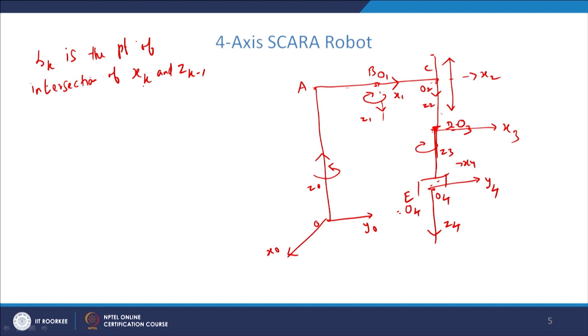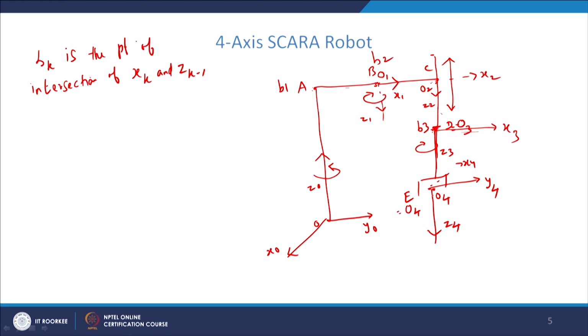So, for example, if you take z0 and x1, z0 is this direction, x1 is in this direction, where they intersect is at the point A. So, that point is called B1, and x2 and z1, x2 is this direction, z1 is given in this direction, they are intersecting at the point B. So, that point is called B2, and x3 and z2, x3 is in this direction, z2 is here, they are intersecting at the point D here.